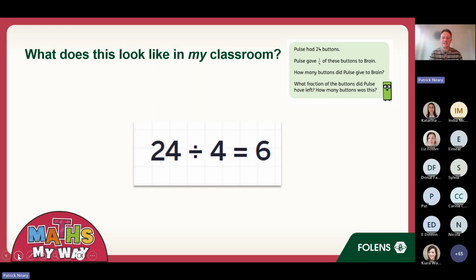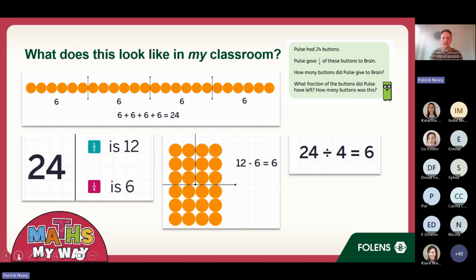With this task, some children were drawing out and really relying on the visual to figure out what a quarter of 24 was, and then another child was using division before we've even looked at it as a class. So there's a low entry point so everyone can get started, but there's a lot of room to explore it in different ways and to think about other people's ways of doing it.